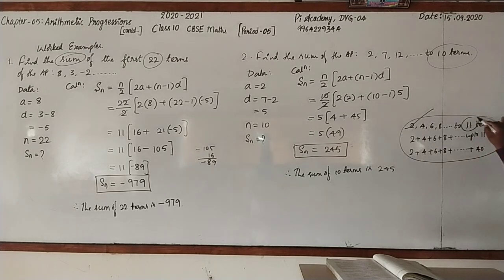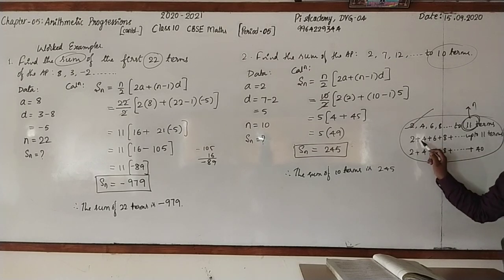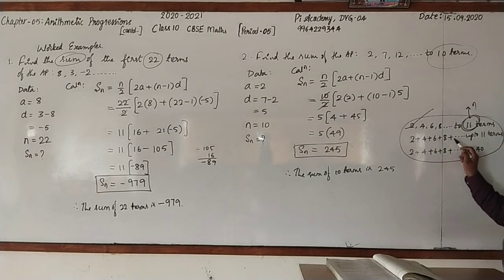Clear? Here 11 is n, that is the number of terms. You come across 2 plus 4 plus 6 plus 8 plus so on up to 11 terms. Again here also 11 is n, the number of terms. We should add the first 11 terms of this AP.